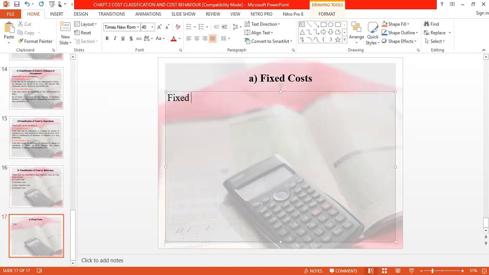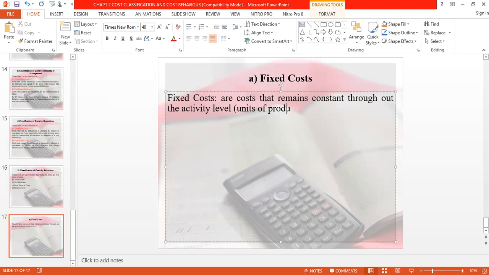Fixed costs are costs that remain constant throughout the activity level. Regardless of how many units you produce, activity level is units of production. Regardless of how many units you produce, the cost will still remain constant.